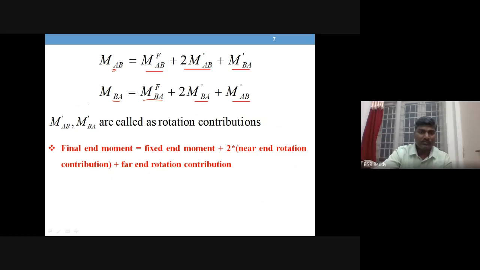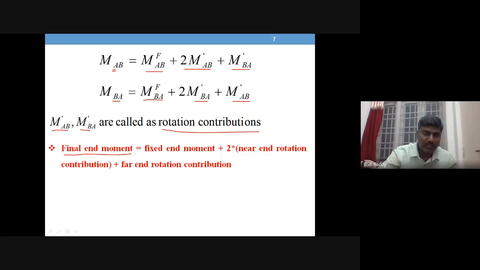Right? So, how are you writing that? The symbolic notation is M dash AB, M dash BA, called rotation contributions. Means what? As they are rotating, they are going to develop the moment. So that is what rotation contribution is, contribution from rotation.